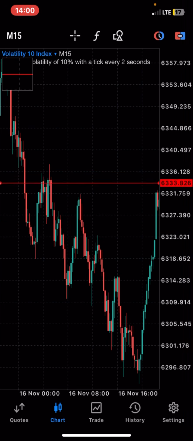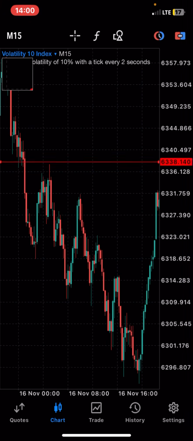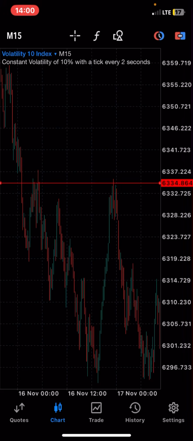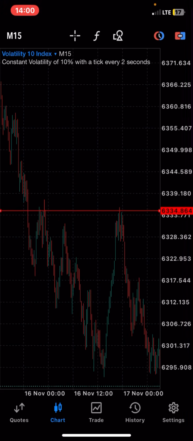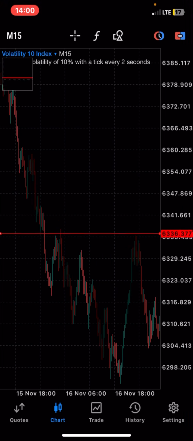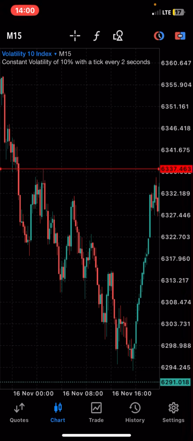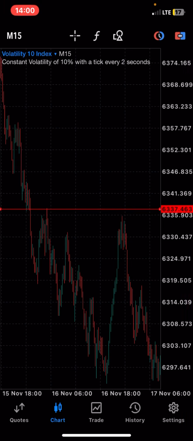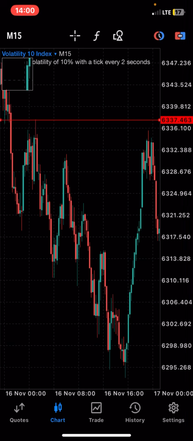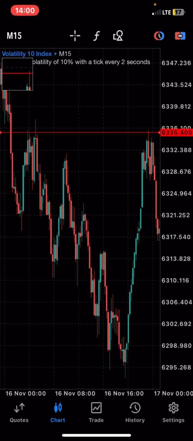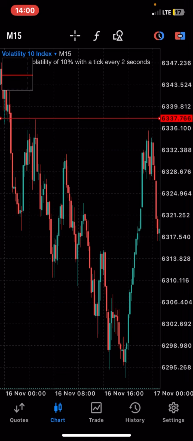When you see this happening, we are now anticipating price to make a sweep for liquidity. For people that know how I trade, especially my students, you know about liquidity. So price came over here and made what we call a liquidity sweep. You see that it swept. And what did price come and do?